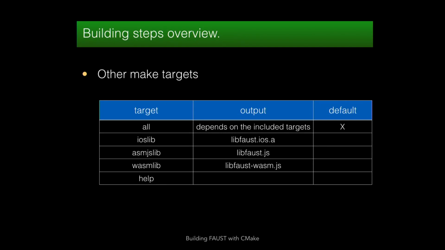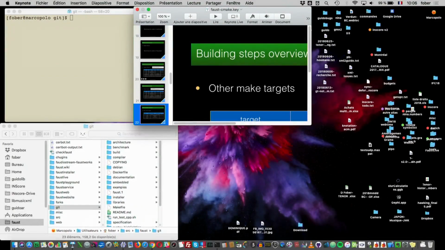In the makefile, you have an all target that compiles all the targets that you have included into your project. So it depends on what you included into it. iOS lib is for iOS. ASMJS lib and WASM lib compile the corresponding library, and there is a classical help target.